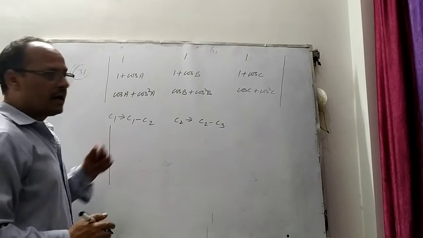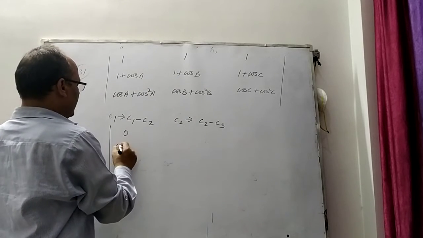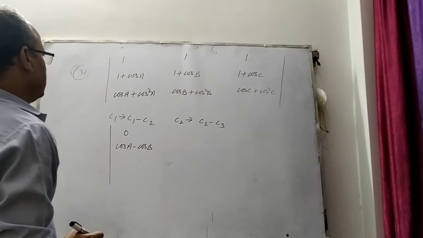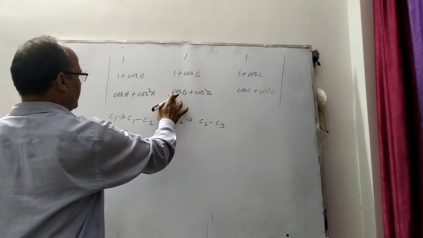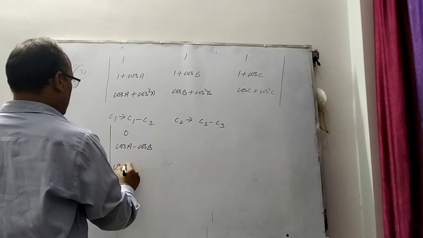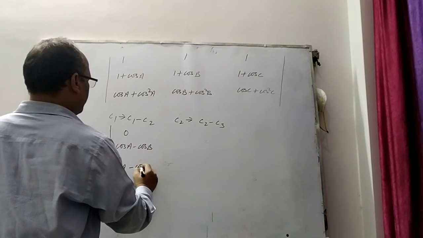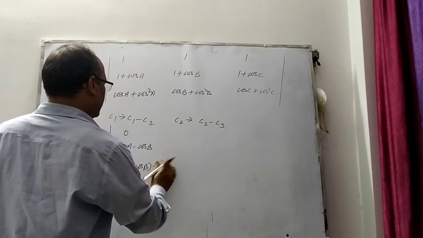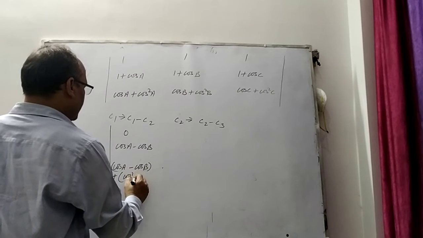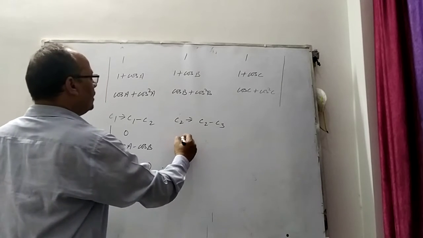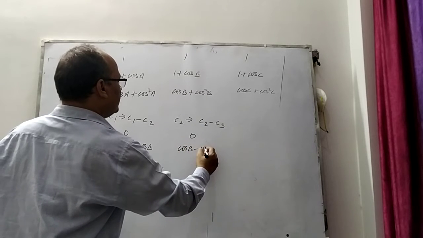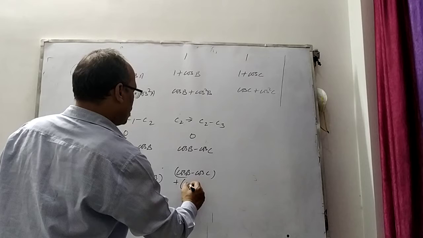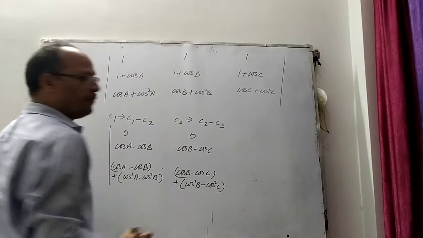Then what will come? This will become 0 and this will become cos A minus cos B. Here you write, better, plus cos square A minus cos square B. Here it will be 0, cos B minus cos C, and cos B minus cos C plus cos square B minus cos square C. Is this clear?